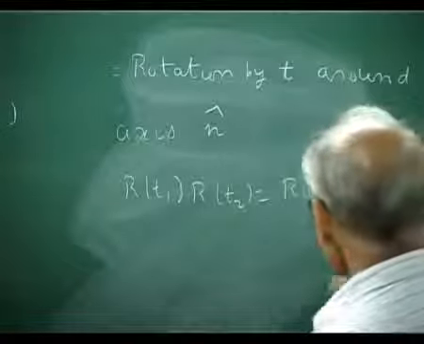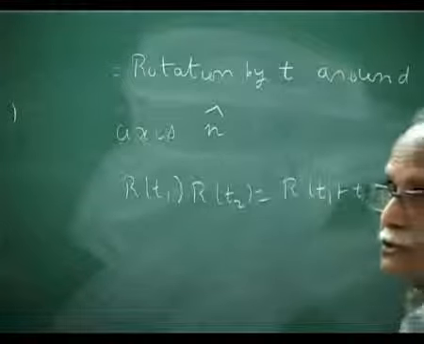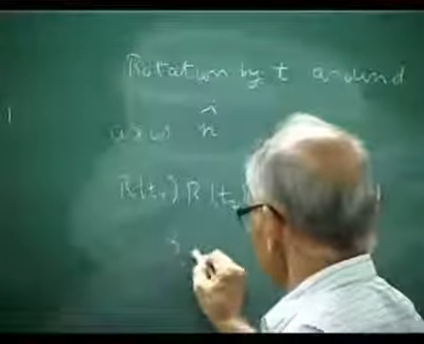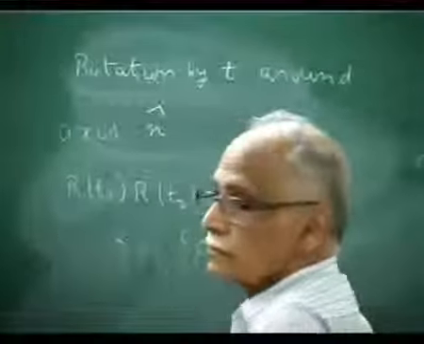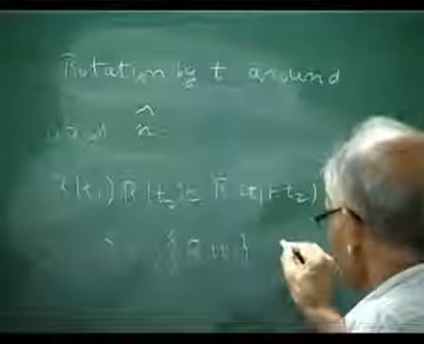So this set R of T is a one parameter subgroup.